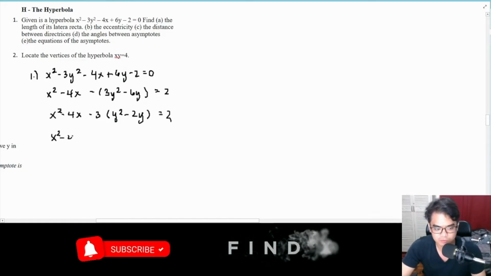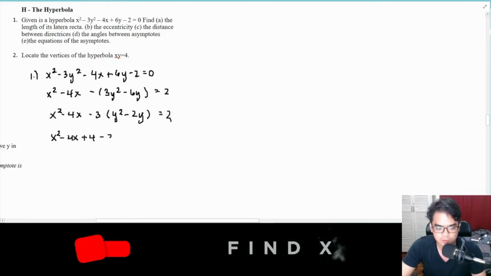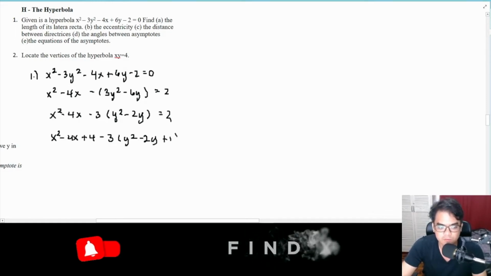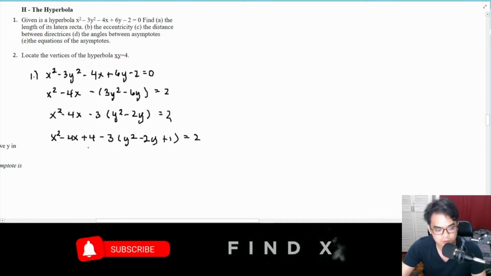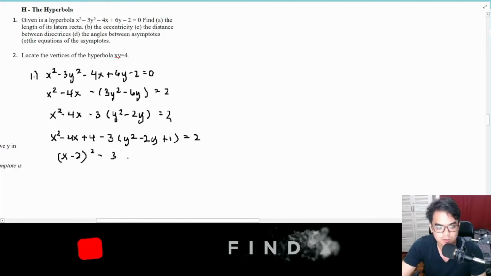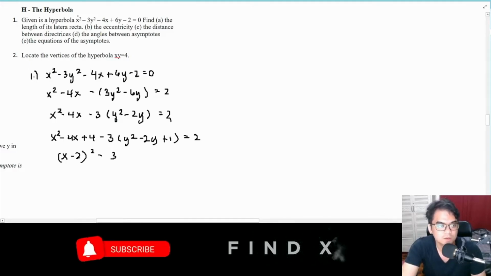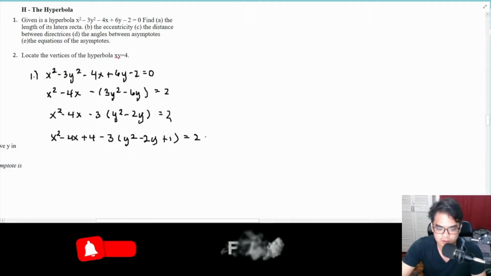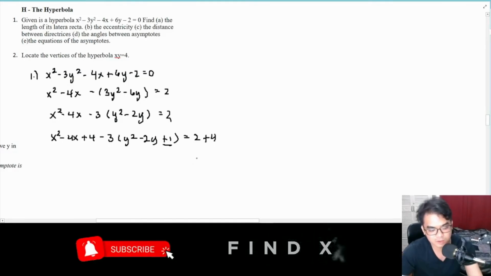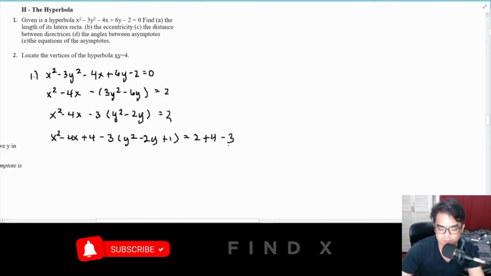So x squared minus 4x plus 4 minus 3 times y squared minus 2y plus 1, equal to 2. Actually, I forgot to add on the right side, so I still have to add plus 4 and then minus 1 times negative 3, so minus 3.